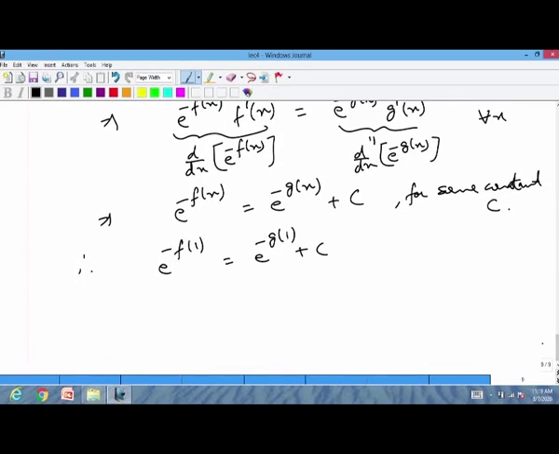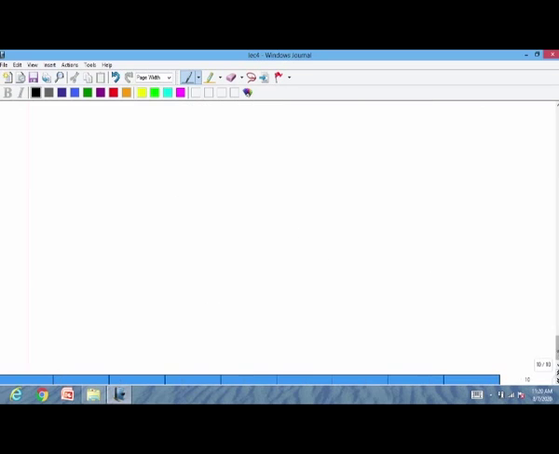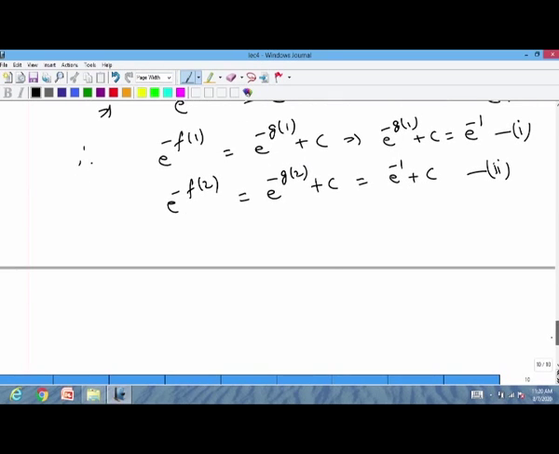So, this implies e to the minus g of 1 plus c is equal to e to the minus 1, and e to the minus f of 2 is equal to e to the minus g of 2 plus c. g of 2 is 1. So, this is e to the minus 1 plus c. So, we get these two equations. We do not know the value of c. So, we can eliminate c from these two equations.